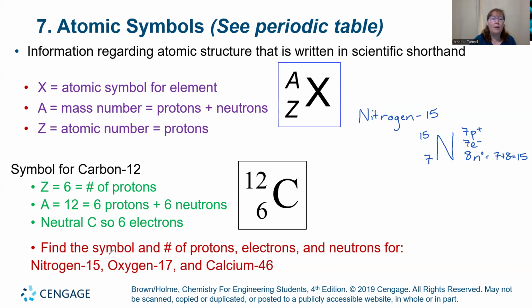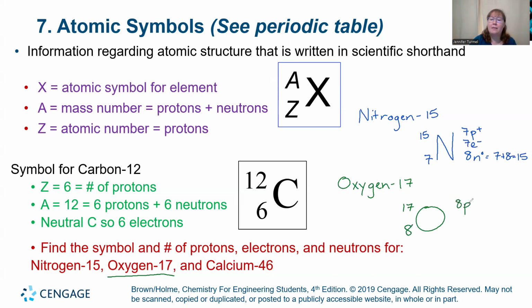If you needed help on that one, our next one here is oxygen 17. Again, pause the video and see if you can find it on your own. Okay, we have oxygen 17. I find the symbol for oxygen and it's an O. This 17 means that my mass number is 17 right there, and my atomic number is an 8.